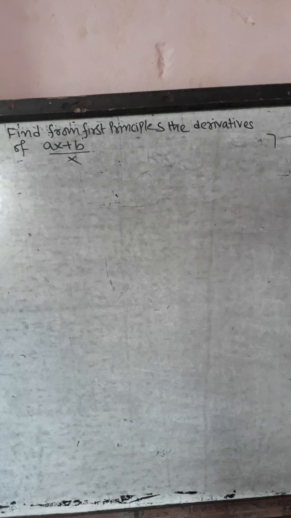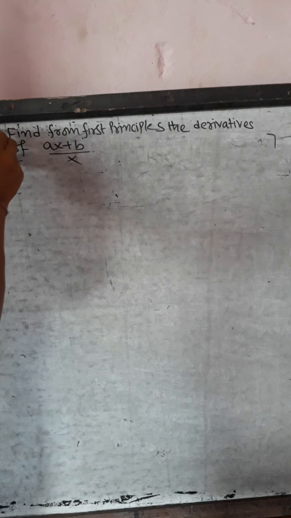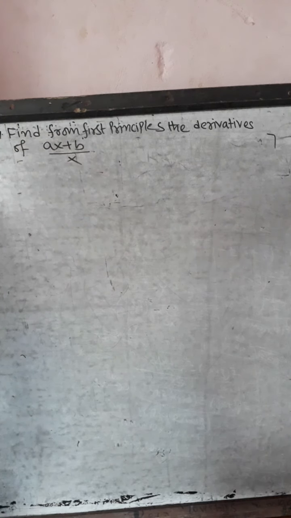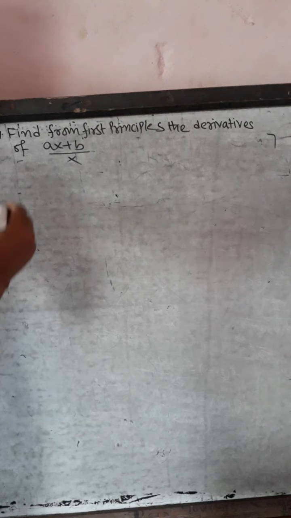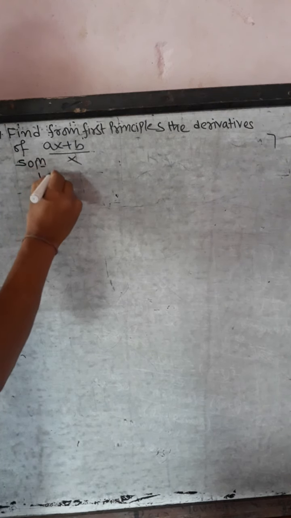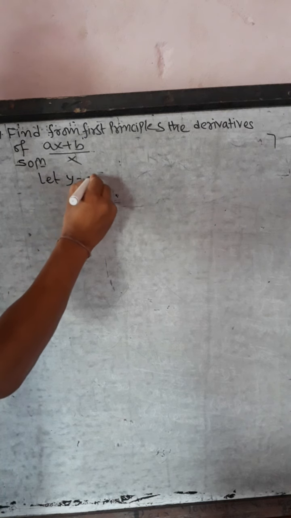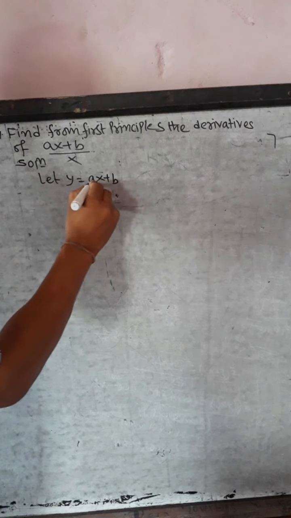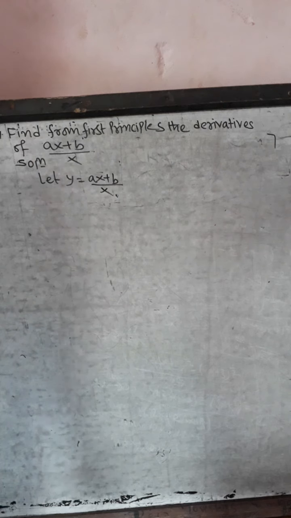Okay, now let's move to example number 4. You have to find out, from the first principle, the derivative of ax plus b divided by x. So solution: first you have to let y is equal to ax plus b divided by x.